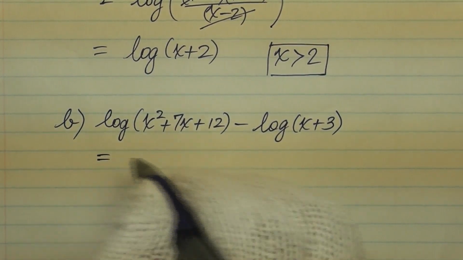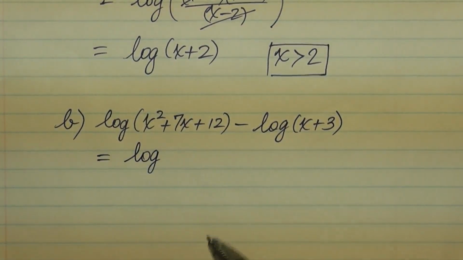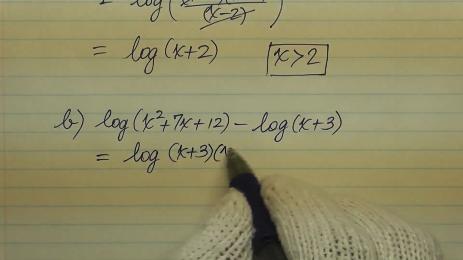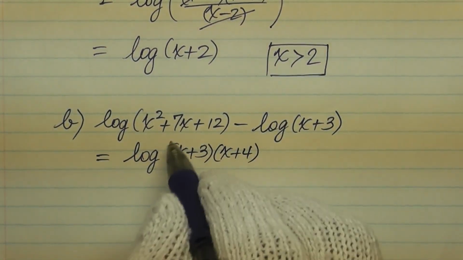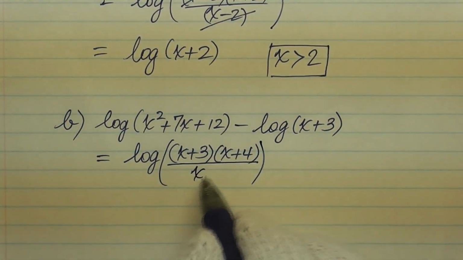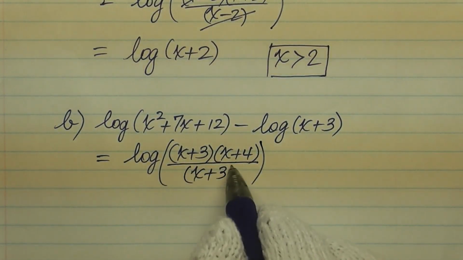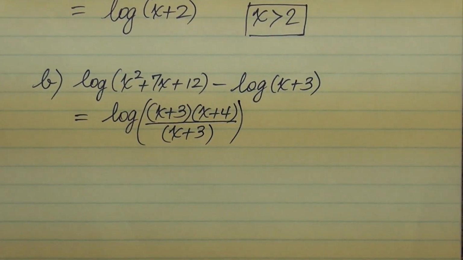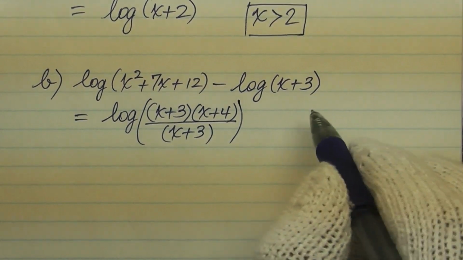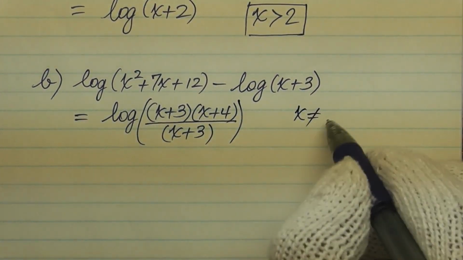This is the same as log of (x plus 3)(x plus 4) divided by (x plus 3). Now let's talk about restrictions. X plus 3 cannot be 0, so x cannot equal negative 3.